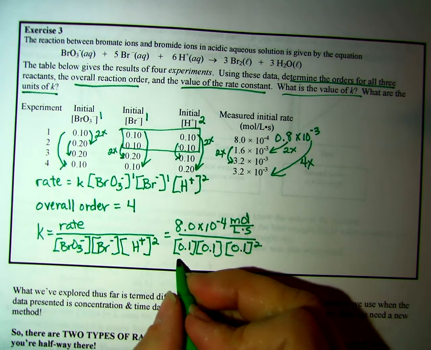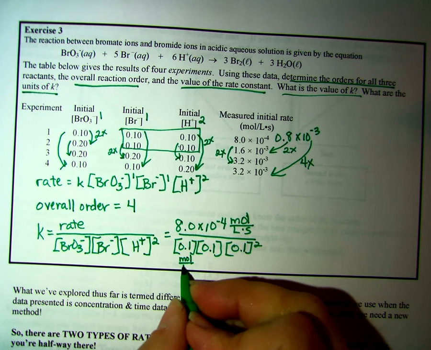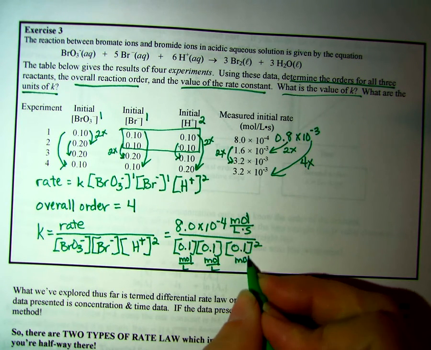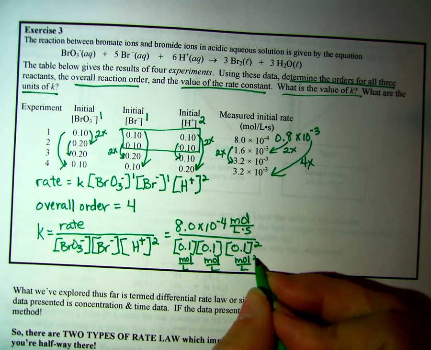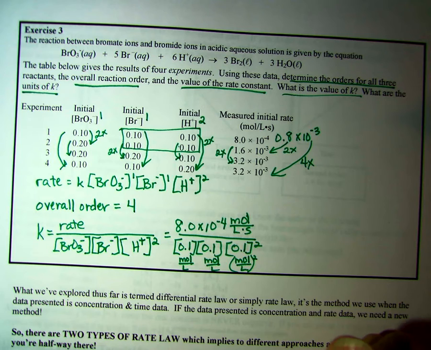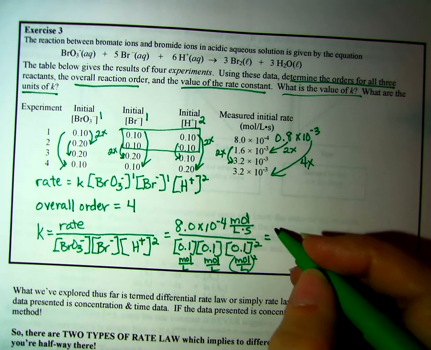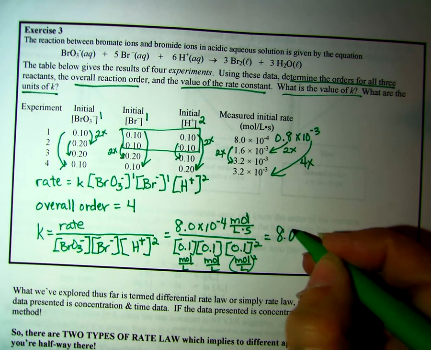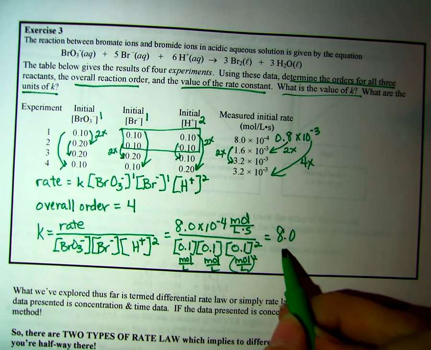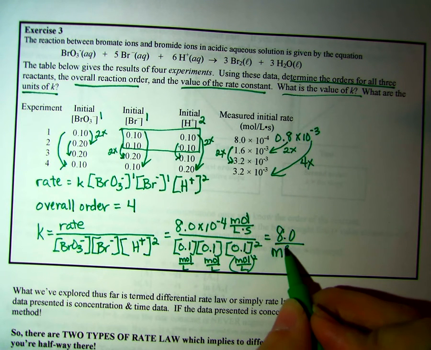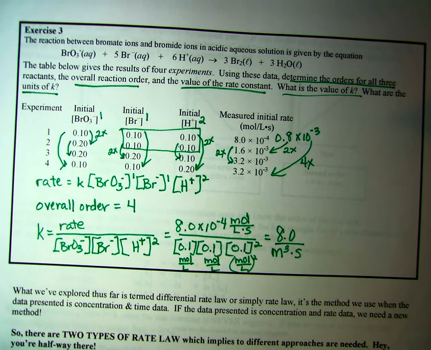Remember your units. I didn't write them down, but this is moles per liter times moles per liter times moles per liter squared. When we get to figuring out our units in a second. All right, so if I work this out, it works out to be 8. And it is actually molarity cubed times second.